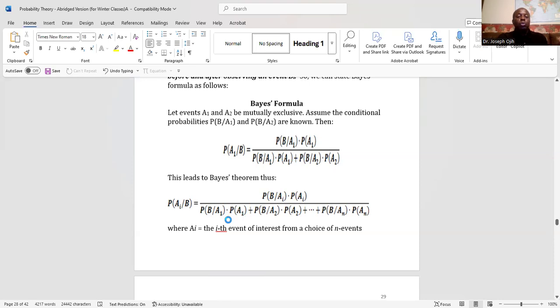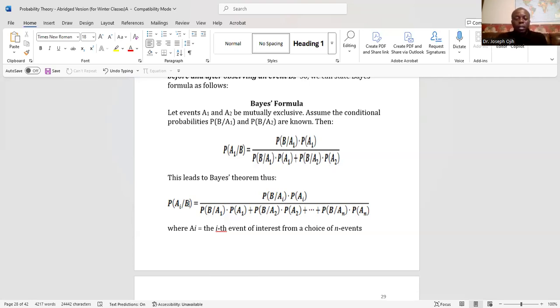If there are 3 events, you continue until you get to the last event. If there are 10 events, you continue. You put the event of interest at the top, and keep going at the bottom. Here it says the probability of Ai given B, where Ai is the event of interest from a choice of n events. That means i can be 1, 2, 3, 4, 5, 6, 7.